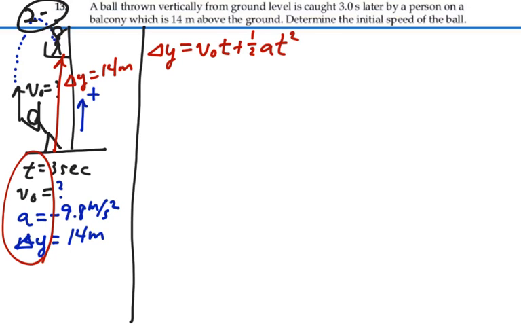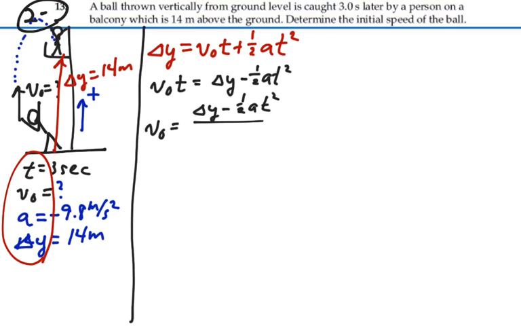We want to solve this for initial velocity. So we have that initial velocity times time is equal to delta y minus 1/2 acceleration times time squared, or our initial velocity is delta y minus 1/2 a t squared, divided by time.